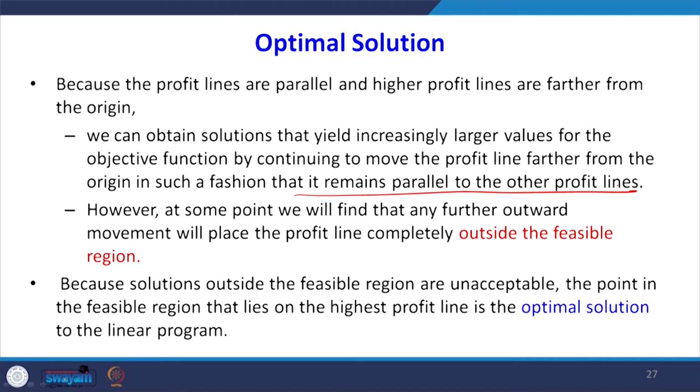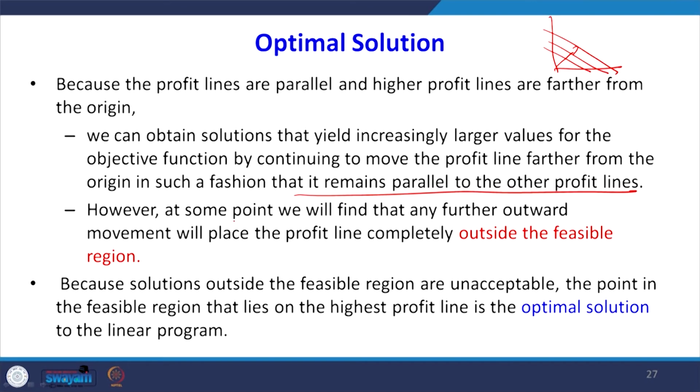So, what does it mean? Suppose we have the objective function like this. When we draw parallel lines and move away from the origin, there is a possibility the value of our objective function will increase.